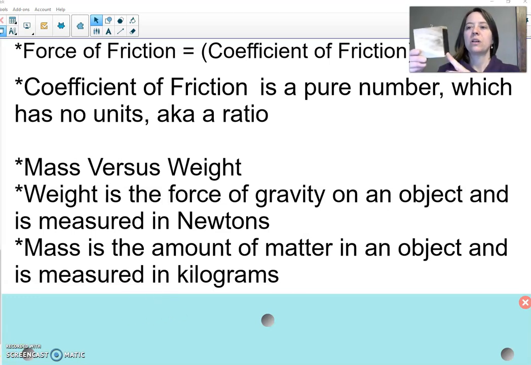So for example, the mass of this block is about 150 grams or 0.150 kilograms, whereas the weight of this block is about 1.5 newtons. So the mass is the amount of matter, the amount of molecules, the amount of stuff, and then weight is the force of gravity on this object. So they're quite different.